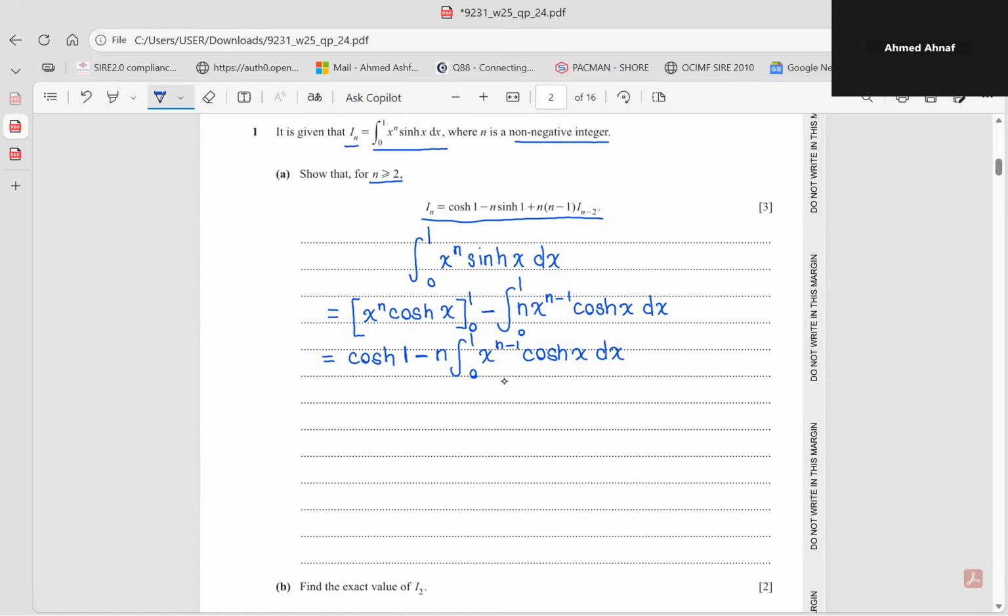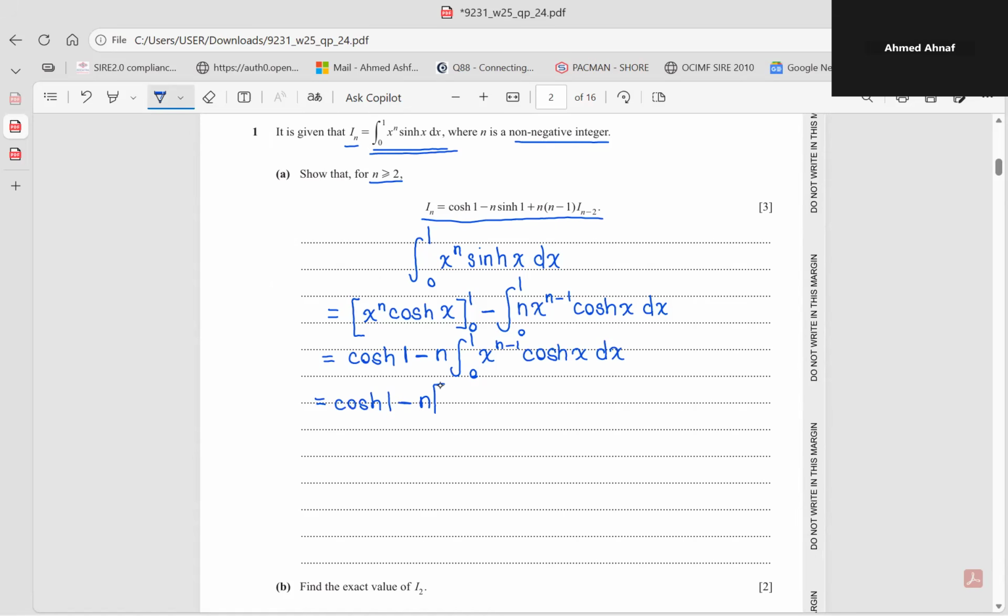As you can see, the resulting integral is not in this form, so unfortunately we have to do integration by parts one more time. Just like before, this time x to the power of n minus 1 will be u, and cos x is going to be dv/dx.